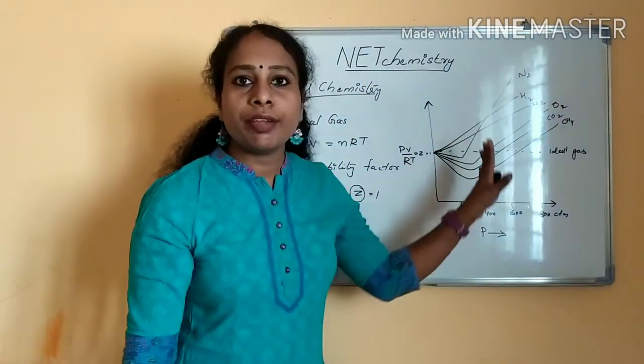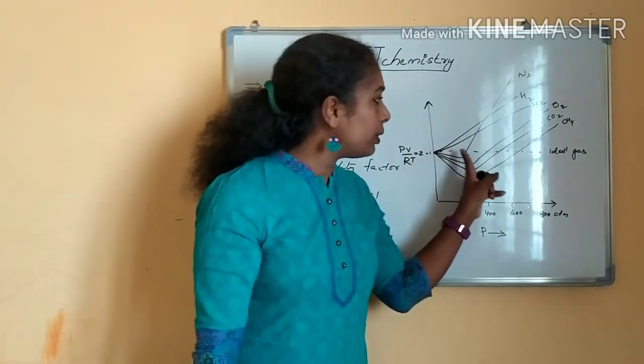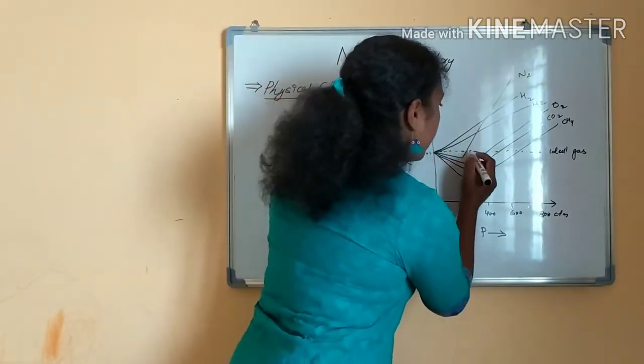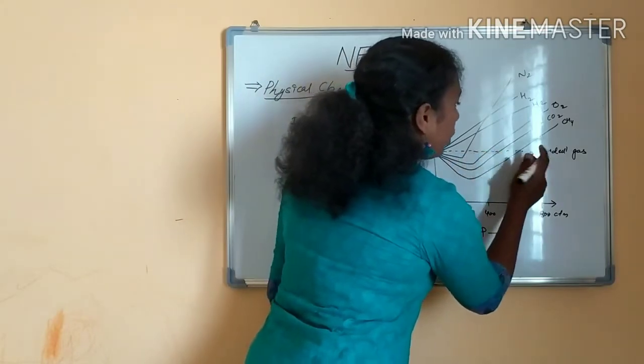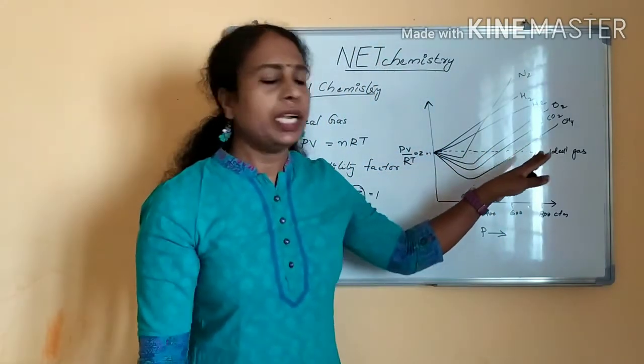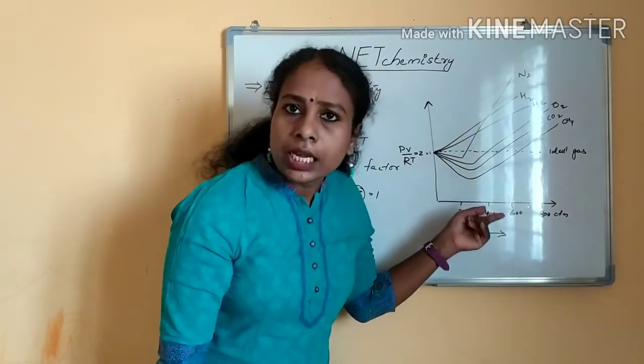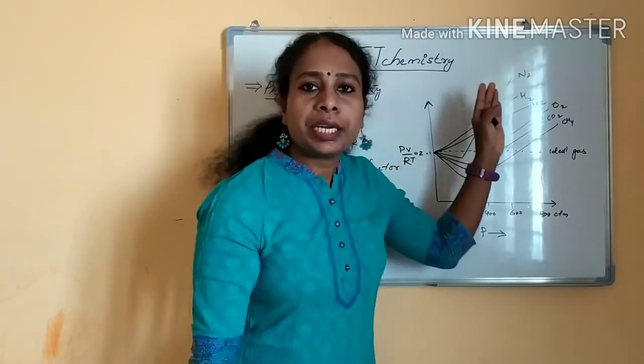See, this is the behavior of the real gases. Nothing is behaving like the ideal gas graph, Z equal to 1. Gases will not always behave ideally. There is some deviation, either Z less than 1 or Z greater than 1.